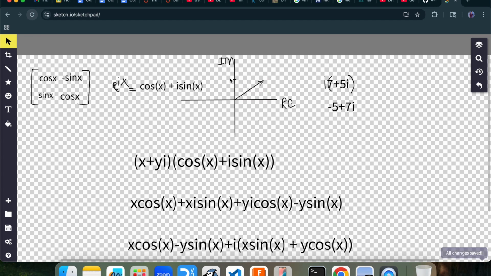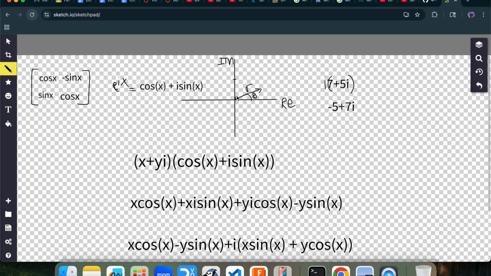But let's just say we have this random vector here, that's r, has magnitude of r, or length of r. And then we have theta here.